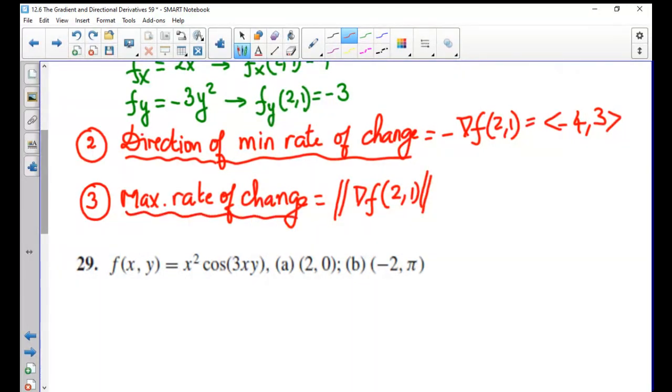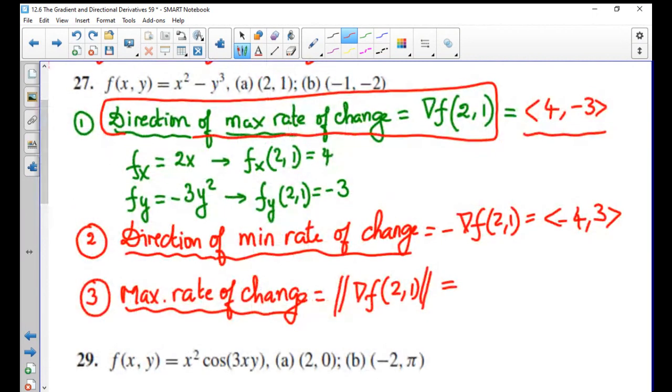What is the magnitude of the gradient? It's 5, yes, exactly. So it's the square root of 4 squared plus (-3) squared. So it's going to give us 5.